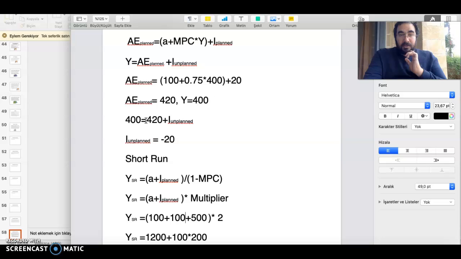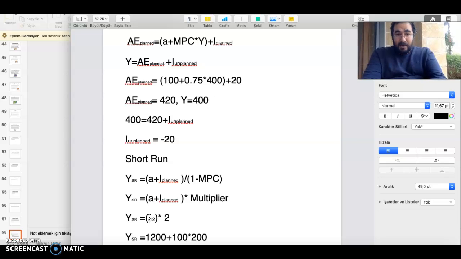What will be my short-run output level? I should add up the autonomous consumption spending and the planned investment spending. I have 120 in this case. And I should multiply this with my multiplier, which is, in this case, 1 over 1 minus 0.75.